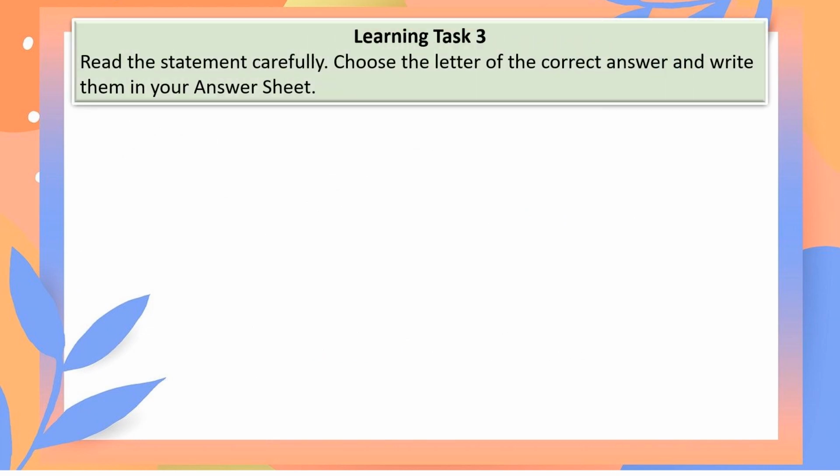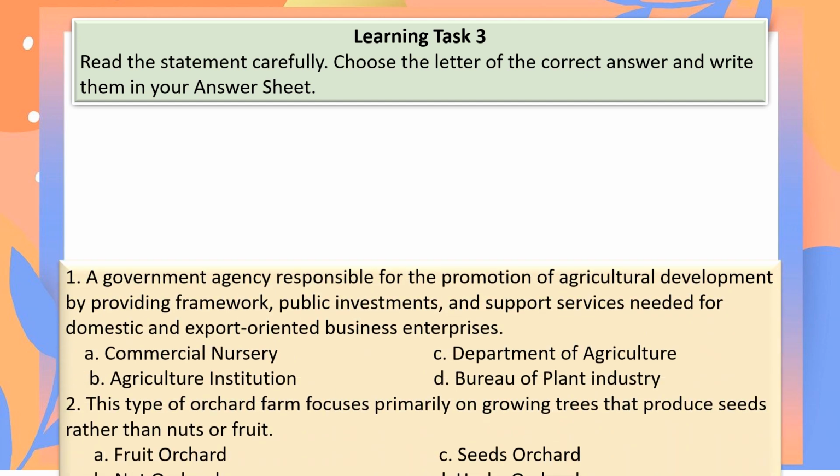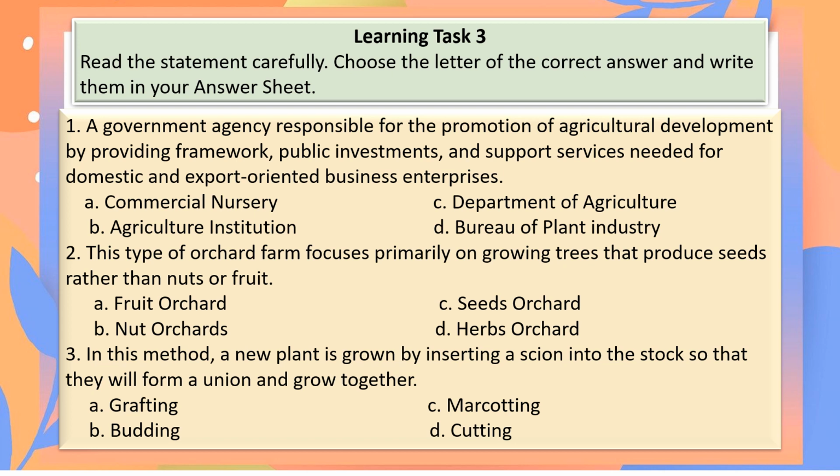So this time, let's do the last task. Learning task number 3. Read the statement carefully, choose the letter of the correct answer, and write them in your answer sheet. Okay, number 1, a government agency responsible for the promotion of agricultural development by providing framework, public investments, and support services needed for domestic and export-oriented business enterprises.